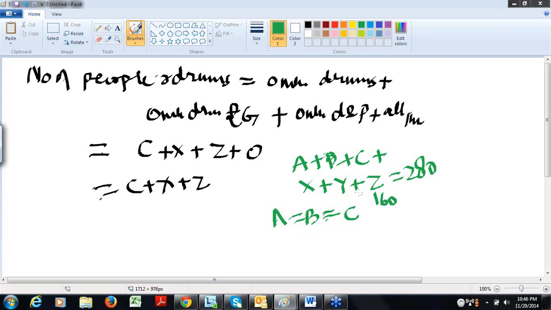That means 3C is equal to 120. So C is 40.